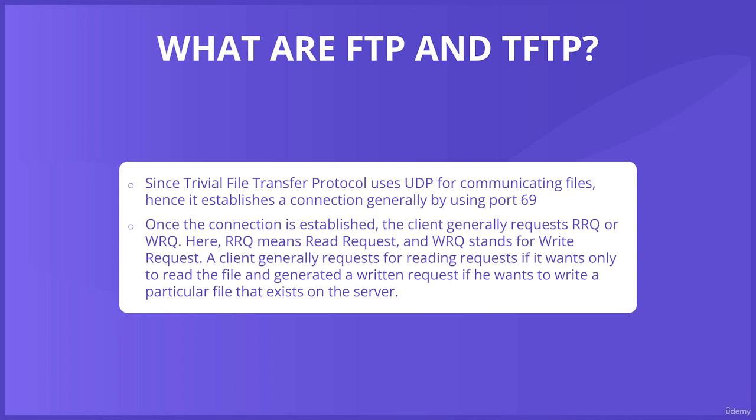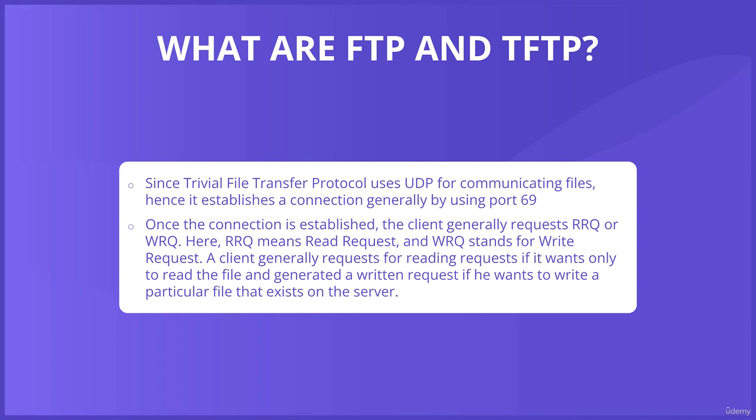So then, how does it work? Well, first we've got to understand how TFTP works. First, we'll look at the mechanism of how communication takes place between a client and server. Since Trivial File Transfer Protocol uses UDP for communicating files, it establishes a connection, generally by using port 69.